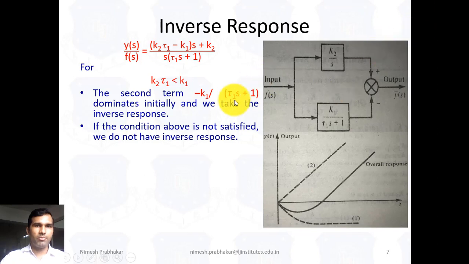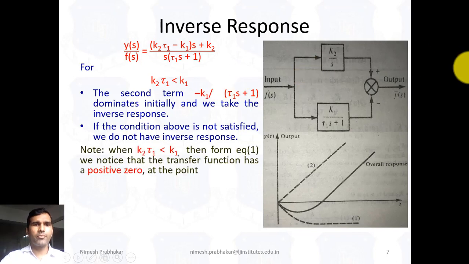If this condition is satisfied, then and only then we get the inverse response of the system. In simple words, for the inverse response condition, the transfer function zero value is positive.